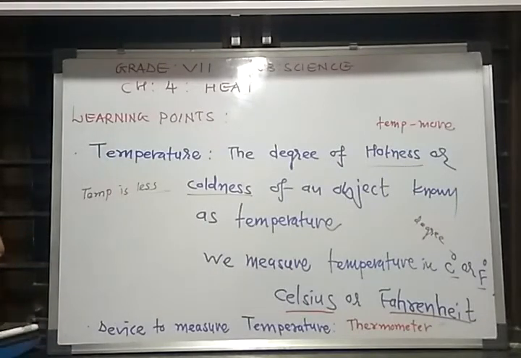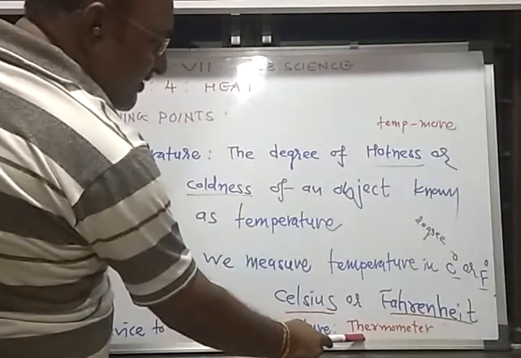Now, how to know whether the temperature is high or low? Whenever a person is sick, we cannot say exactly what temperature that human body has. So for that purpose, one device is there, and that device to measure the temperature is known as thermometer.